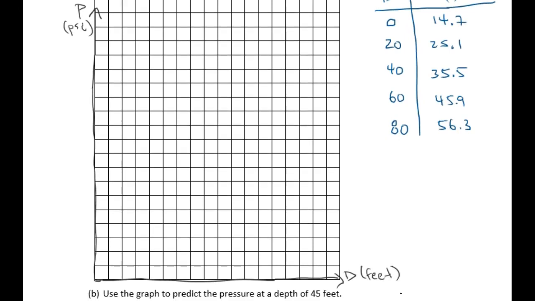And I can graph my ordered pairs. For D, I'm going to make 0, start here, and then since I have 5 points along here, maybe we'll go 20, 40, 60, 80.